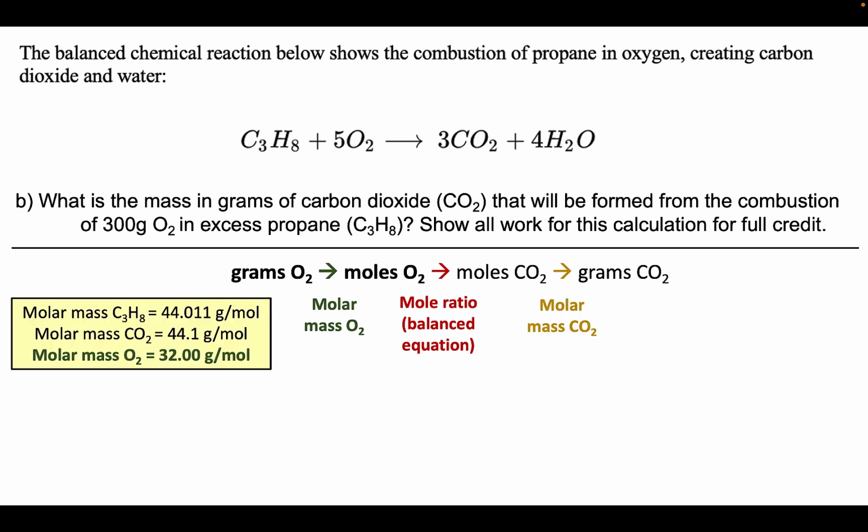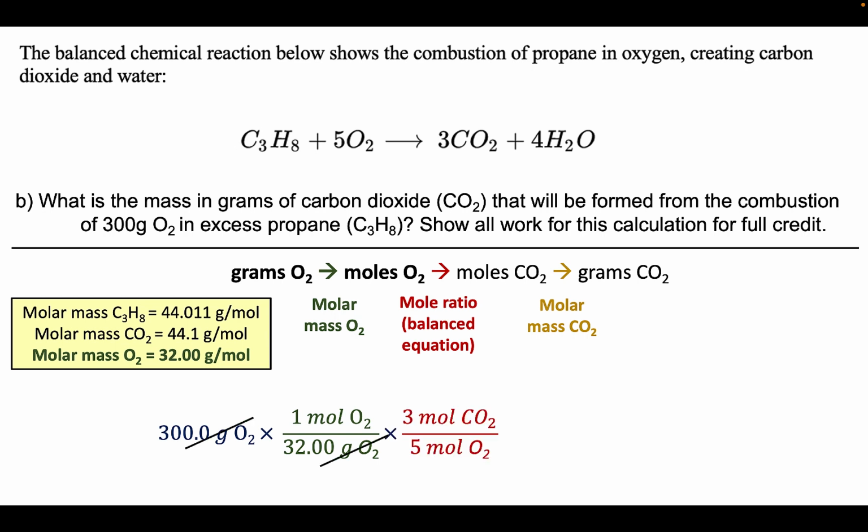Here are those values again, but now I've added on the molar mass of O2, so updating our molar mass understanding, our little table on the side. And we go from 300.0 grams of O2 to the moles of oxygen using the molar mass of oxygen. Now we can use the mole ratio. And again, this is the real chemistry step. What we've extracted from the balanced chemical equation, the reaction that shows we go with propane plus 5 O2s to 3 carbon dioxides and 4 waters, is that for every 3 carbon dioxides that are made, 5 moles of oxygen are required.